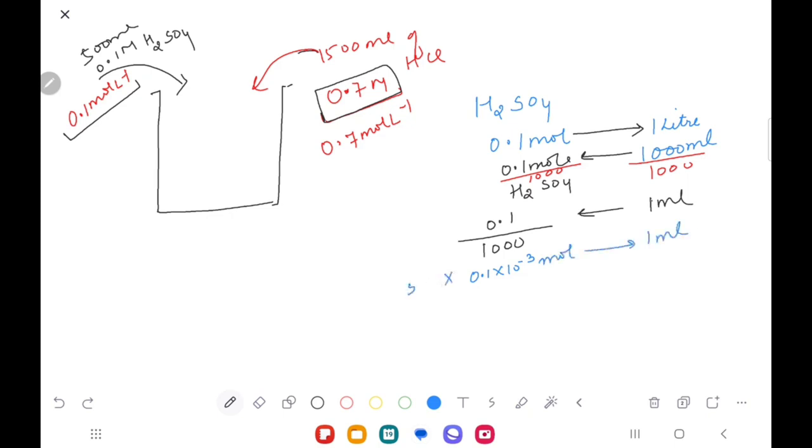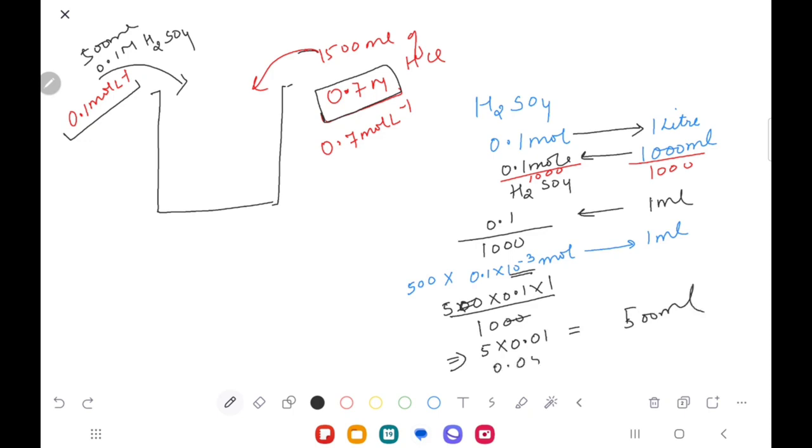So how many moles do you think I will have in 500 ml? Into 500. So 500 into 0.1 into 10 raised to minus 3 becomes over 1000. So two zeros cancel here. So you will have what? You will have 5 into 0.01. That would be the total moles in 500 ml.